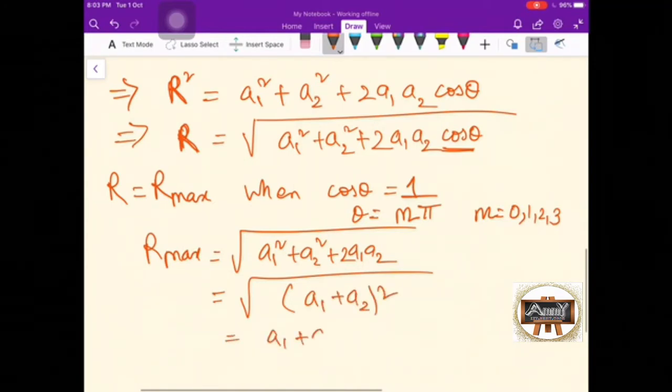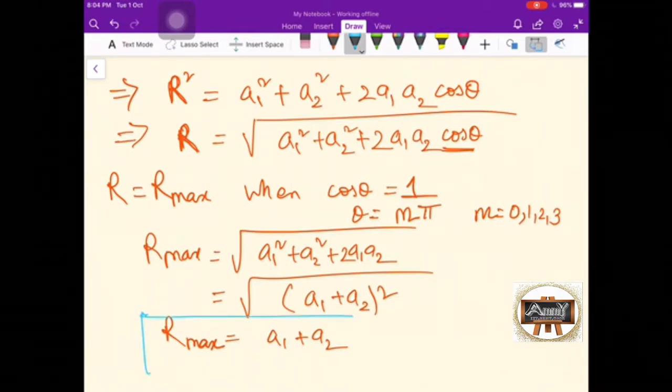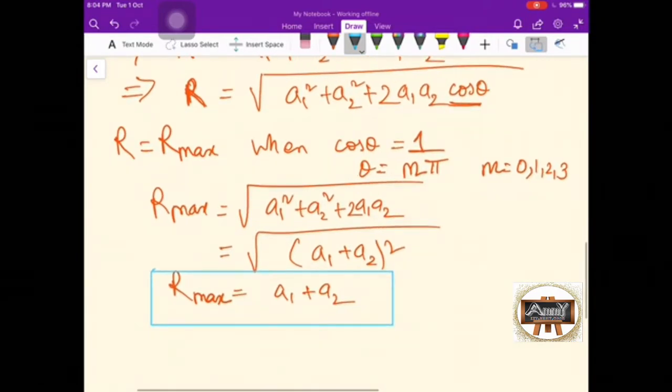So here I get the expression for r max, the maximum intensity which the superimposed wave can have. Similarly, I can find the expression of r minimum.